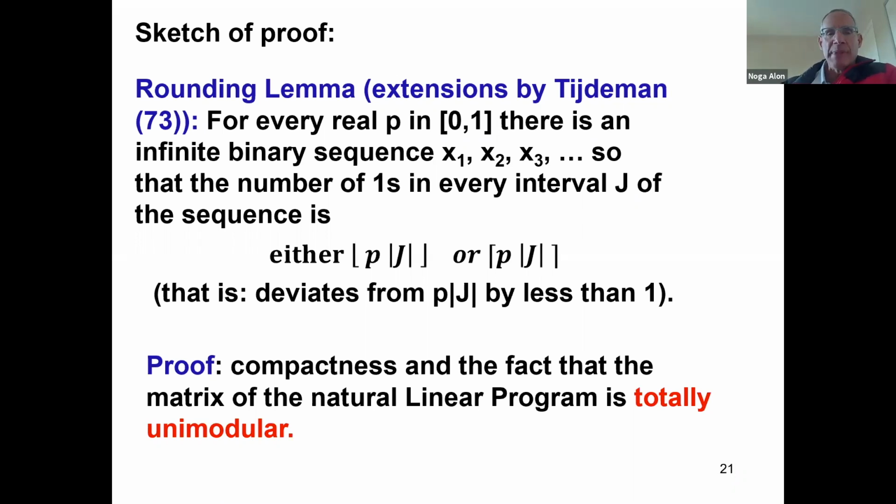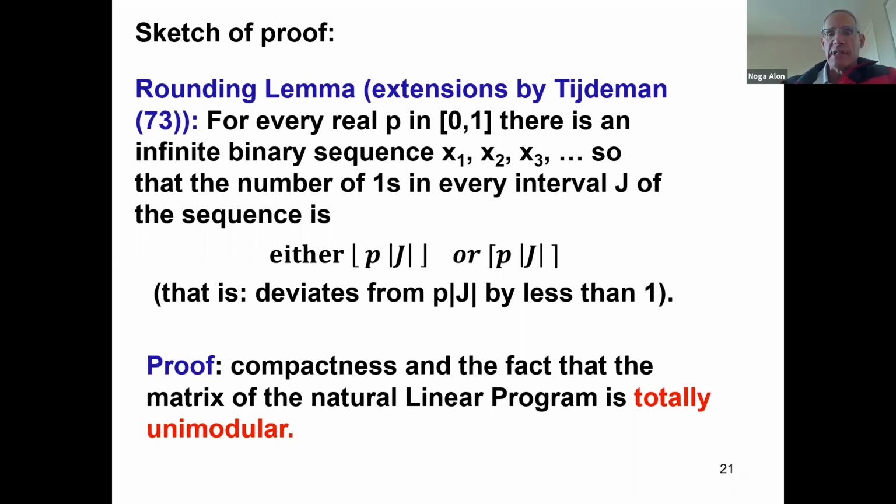But for general p, one thing you can do is observe that by compactness, it's enough to have a finite sequence of length n, and then you can write it down as a linear program and use the fact that the matrix of coefficients here is totally unimodular.